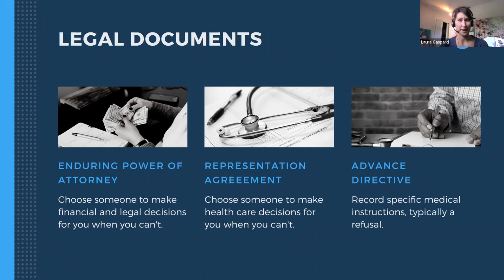Many lawyers have packages to do all of the different documents together, but if finances are not an issue or you think your situation isn't overly complicated, you can have two witnesses for that document instead. And the same with the advance directive. You don't need to go to a lawyer for that, just witnesses, and hopefully there are conversations with your healthcare provider if you're writing an advance directive.